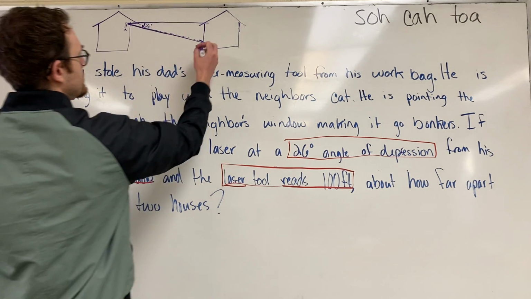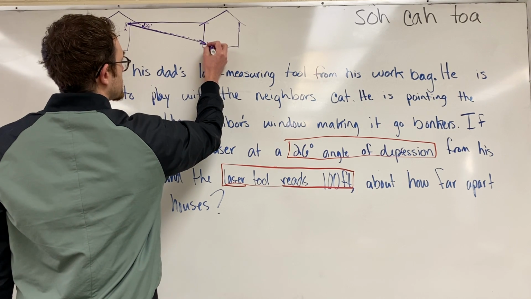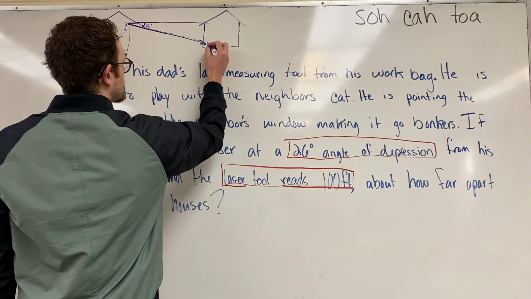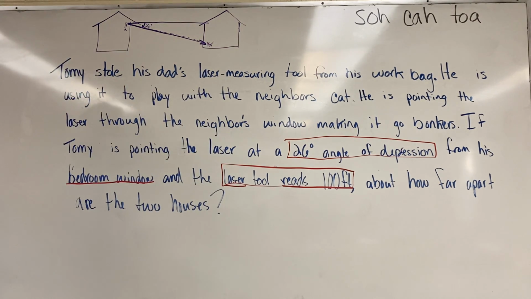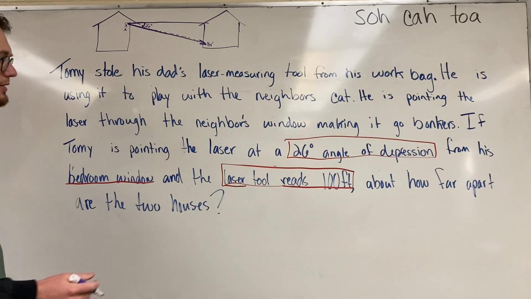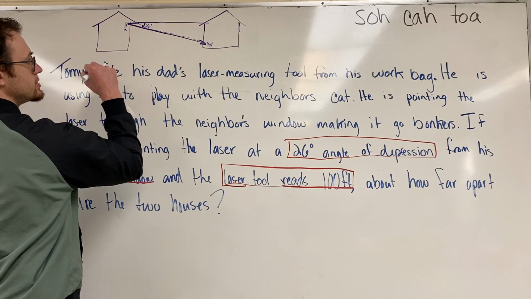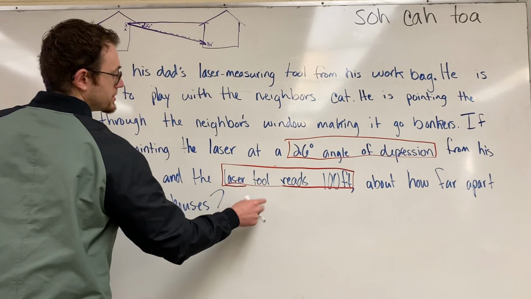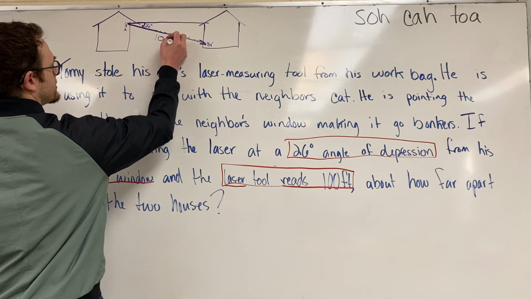And let me draw my little cat here, got little ears. All right, and he's pointing at the cat. So the other information is from Tommy, the laser tool, to the cat is reading 100 feet. So this is 100 feet.